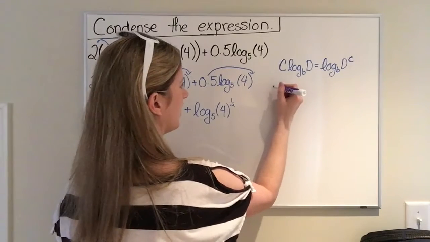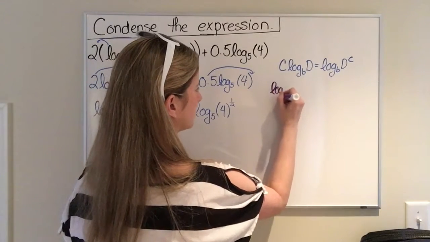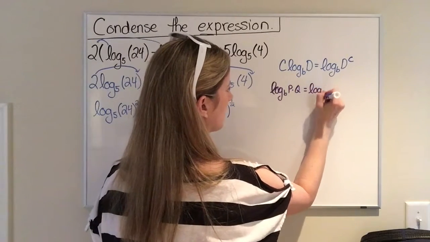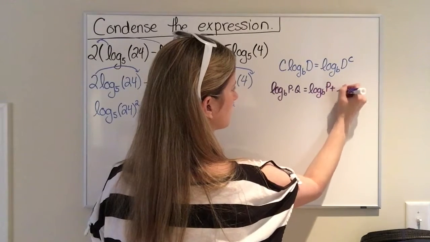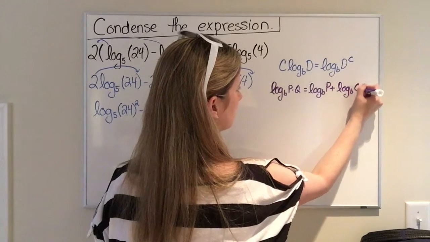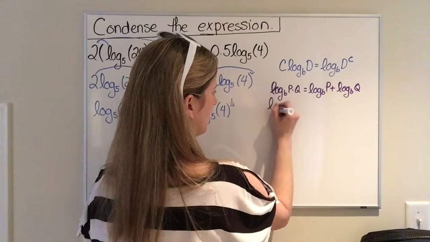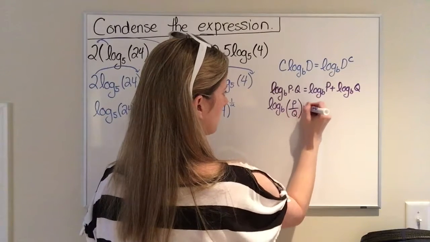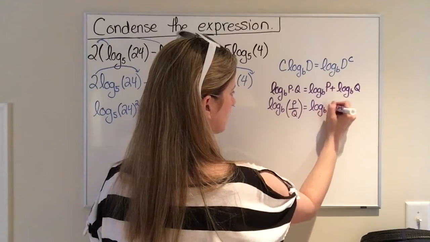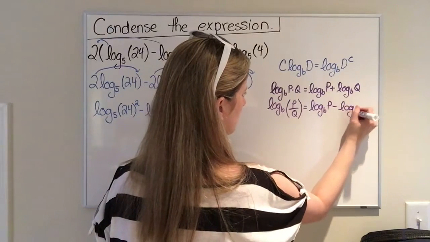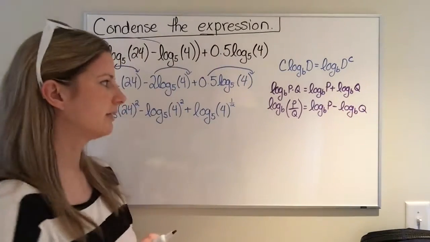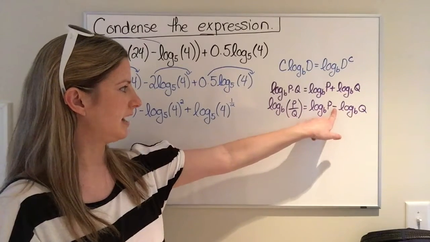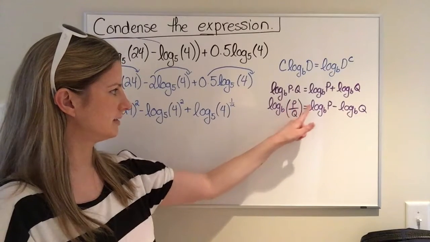Log base B of P times Q equals log base B of P plus log base B of Q. And log base B of P over Q equals log base B of P minus log base B of Q. Basically, how I told my students to remember it back in the classroom was that anything in the denominator has a negative in front of the log, anything in the numerator has a positive in front of the log.